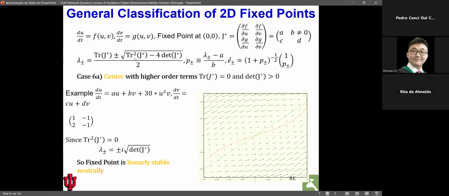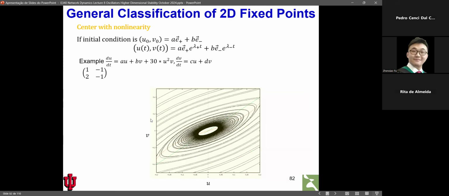Because when I take the square trace, it should be a higher order for me to consider this part different from 0. And a center with a non-linearity. Finally, the condition is something like this. Then you could have something which is always tending to this solution, but it never gets there if you start.